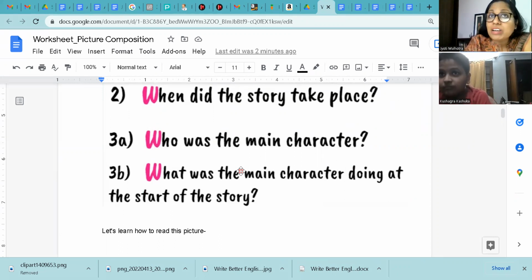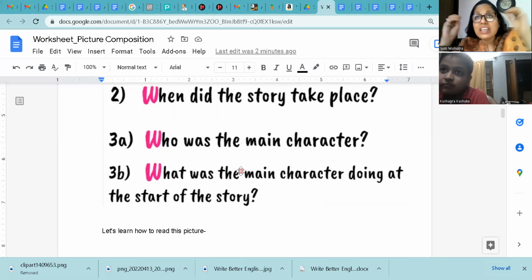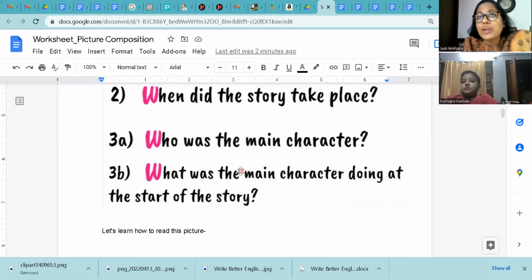So, Kushagra, can you see that when we look at the picture and hastily start writing, it is a wrong way of approaching a picture composition. If you go about it in an organized and structured manner, then you get a lot of points. So these are all the points you've got under setting itself.